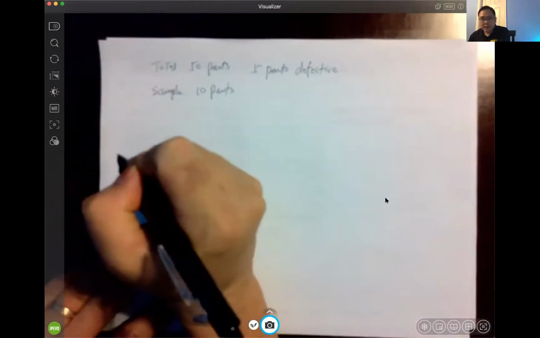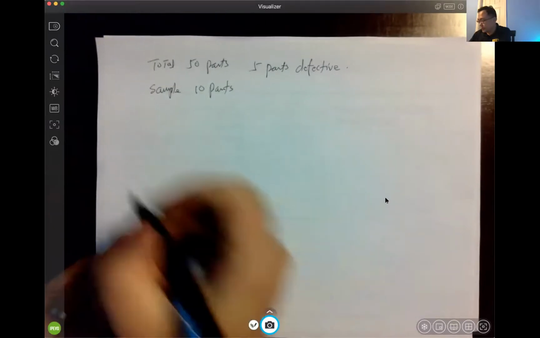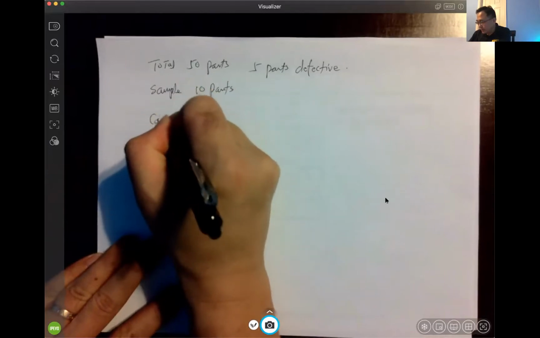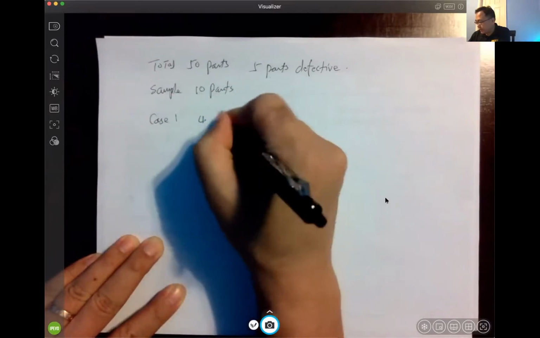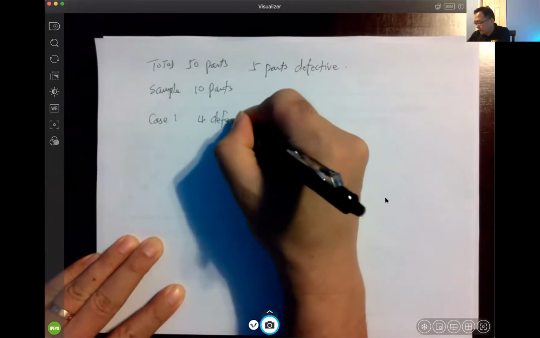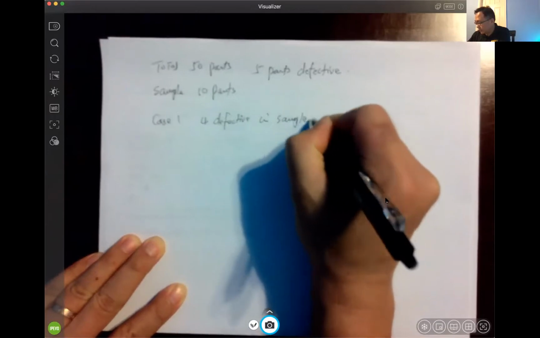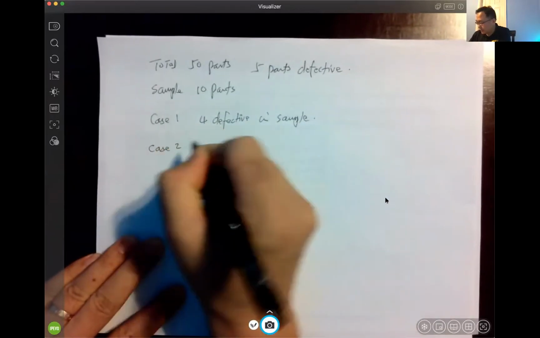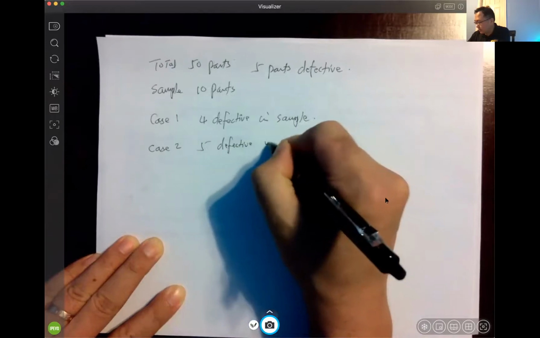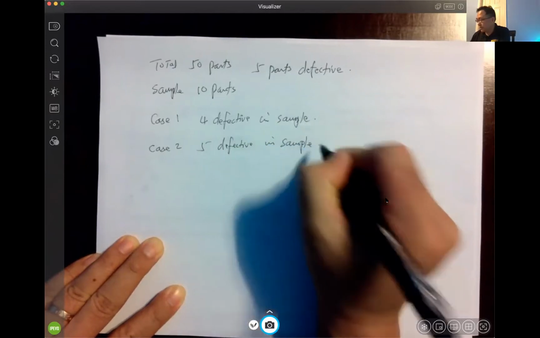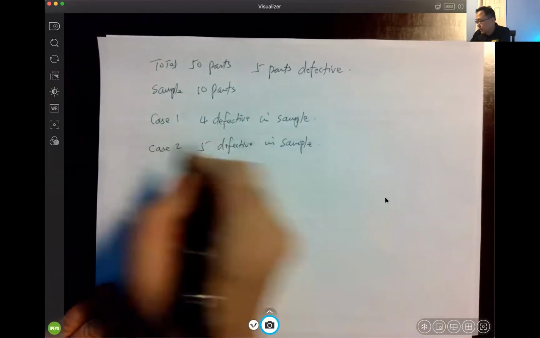I want to calculate case 1. Okay, in these 10 parts, there are 4 defective parts, 4 defective in sample. Case 2, 5 defective in sample. Right?